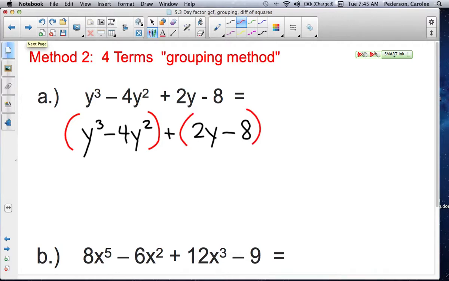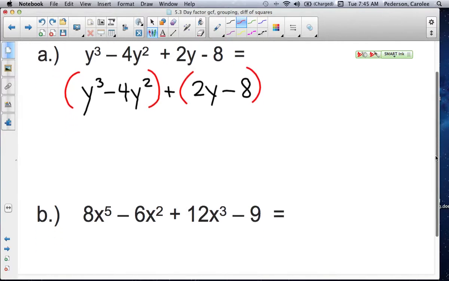And now what's going to happen is I'm going to do the GCF a few times within each group. So let's look at what is the GCF of the first group, y cubed minus 4y squared. What can we pull out of those 2 terms? I can divide out y squared.